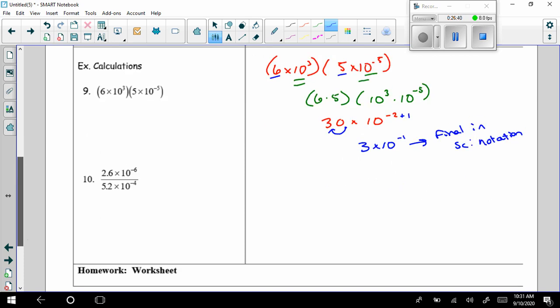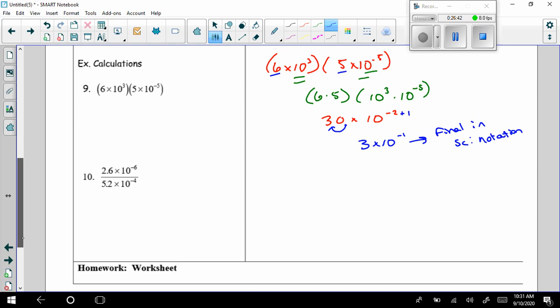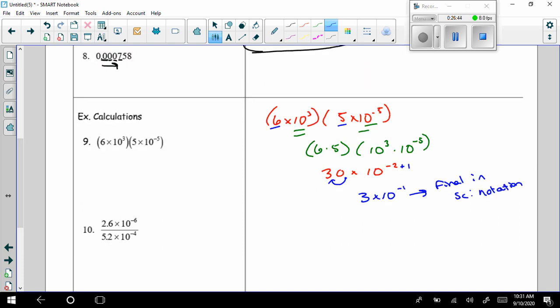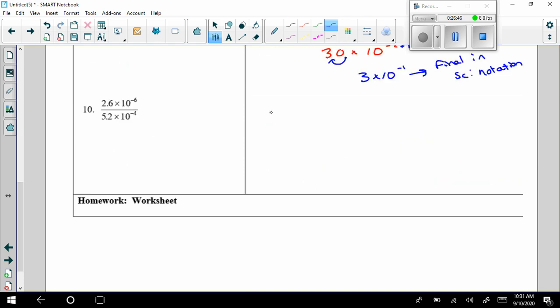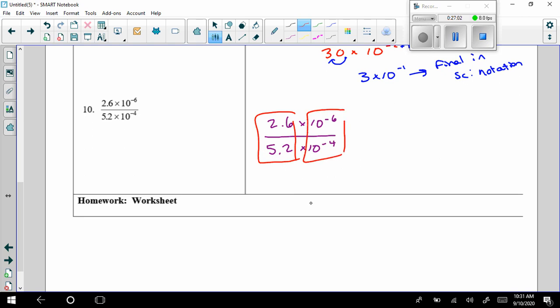All right, division is the exact same, only you're dividing instead of multiplying. So 2.6 times 10 to the negative 6 over 5.2 times 10 to the negative 4th. We're going to just split this up. We have our numbers, we have our base 10s, and then you can just type that in a calculator.